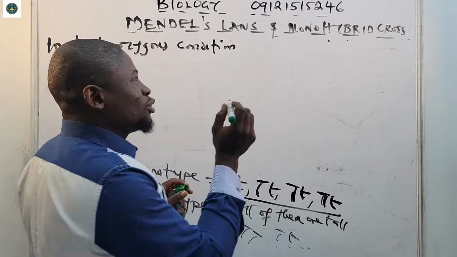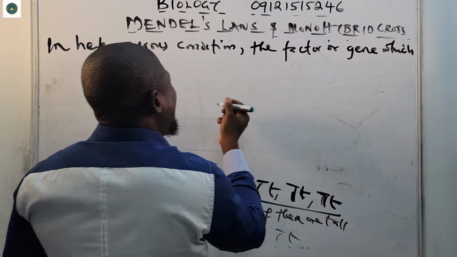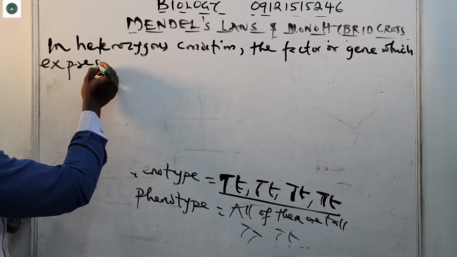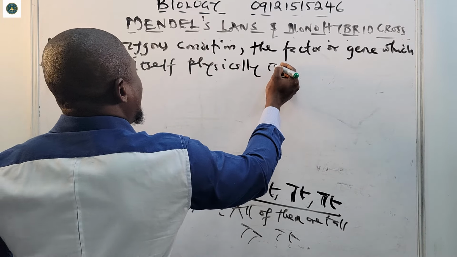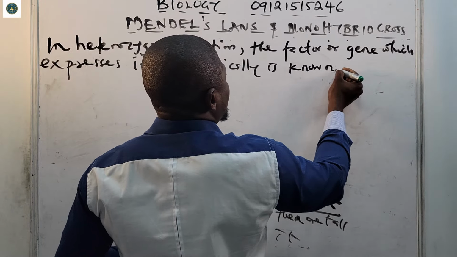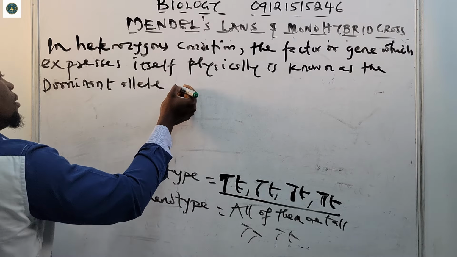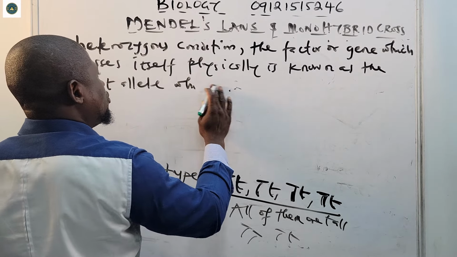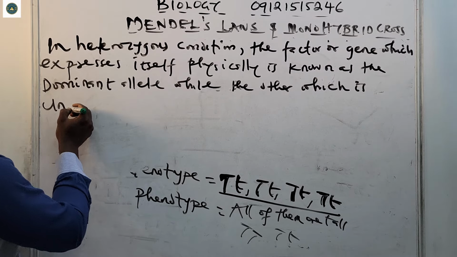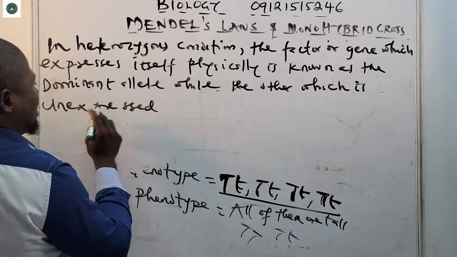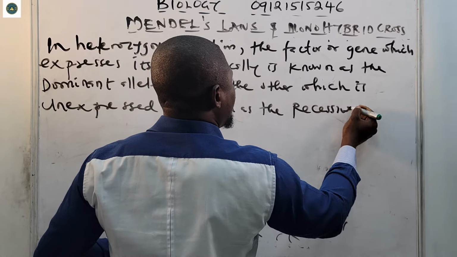So that in heterozygous condition, the factor or gene which expresses itself physically is what is known as the dominant allele, while the other, which is unexpressed, is known as the recessive allele.